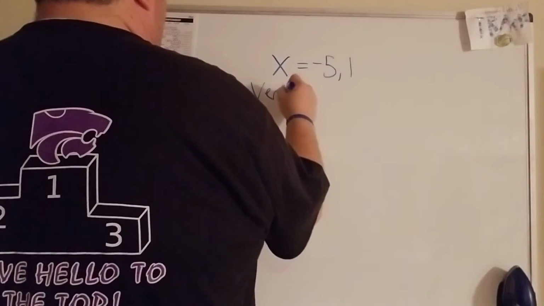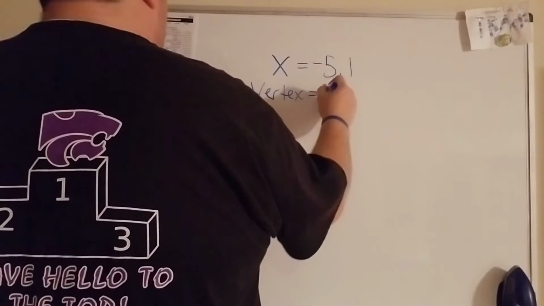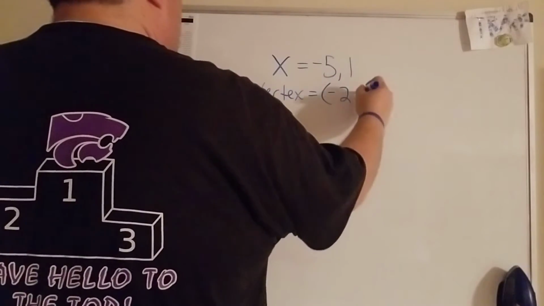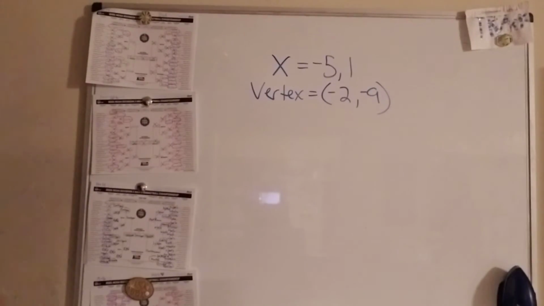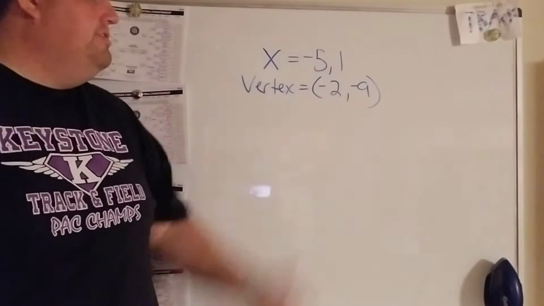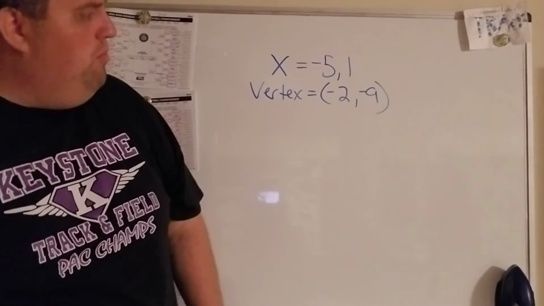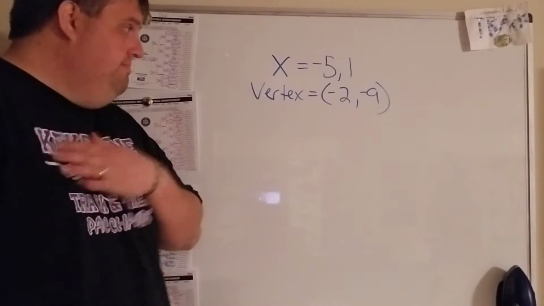And you need to know something else too. You need to know the vertex is at -2, -9. Okay, so two parts of information. We know our solutions, we know our x-intercepts. It's going to cross the x-axis at -5 and 1. And our vertex is -2, -9.